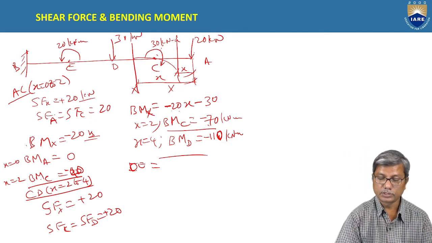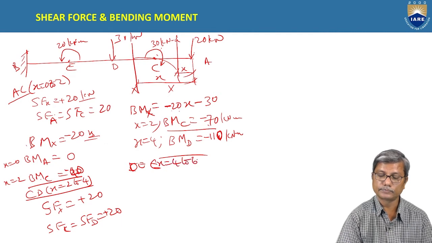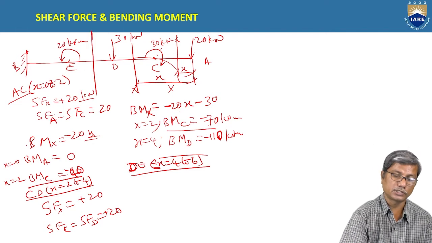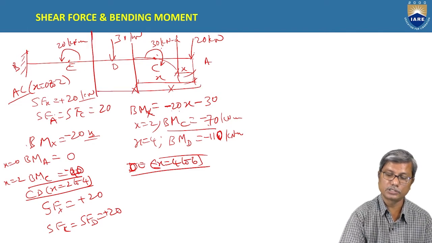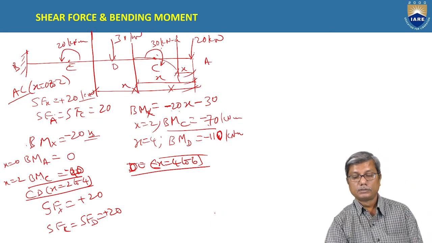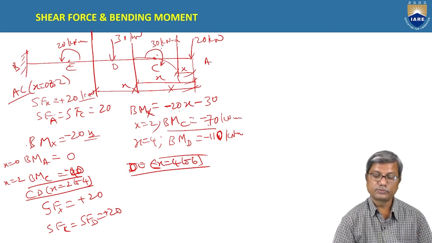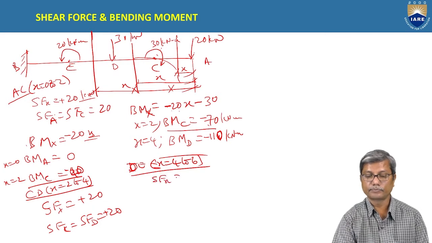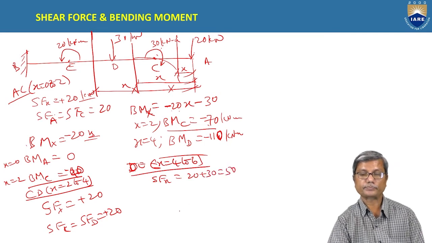What is the shear force? The limits for X are from 4 to 6, considering the section here and origin at A only. So shear force at X in this case is 20 plus 30, that is 50.